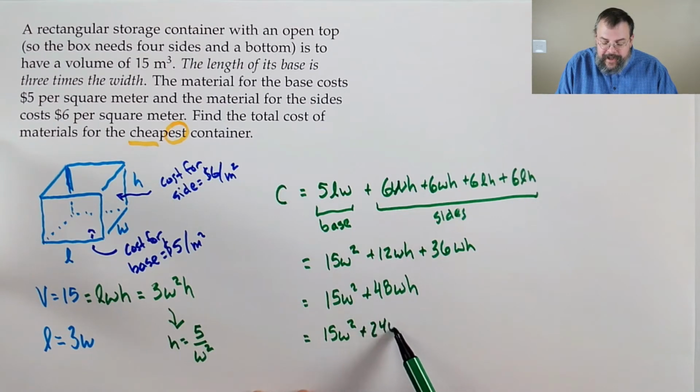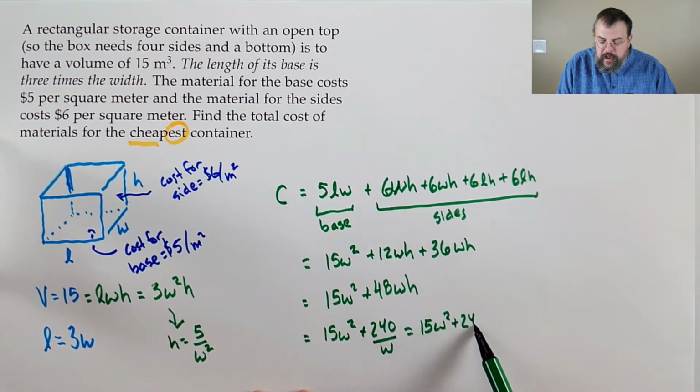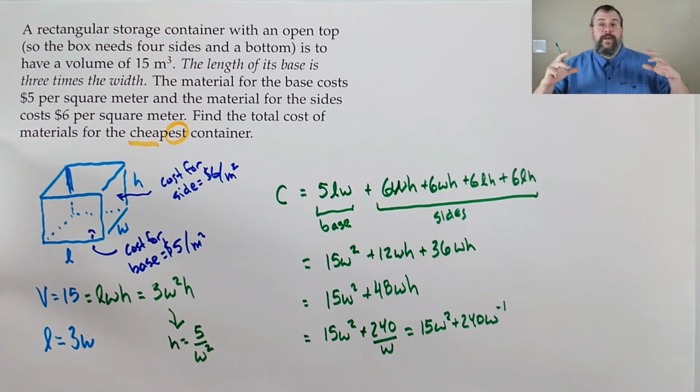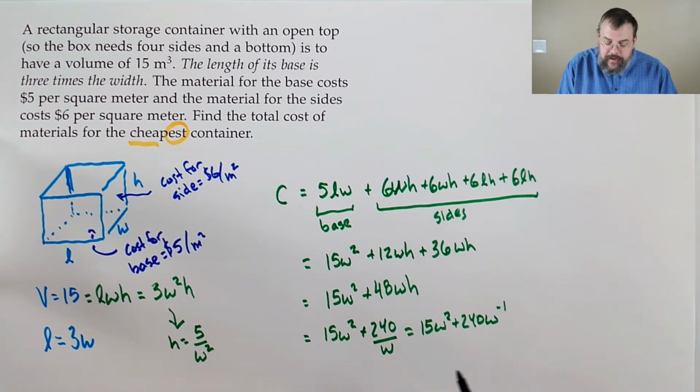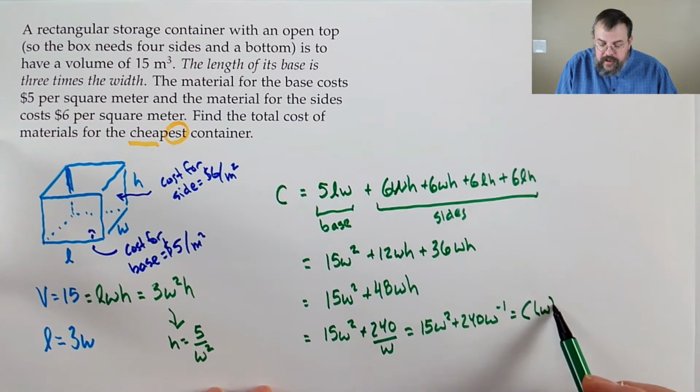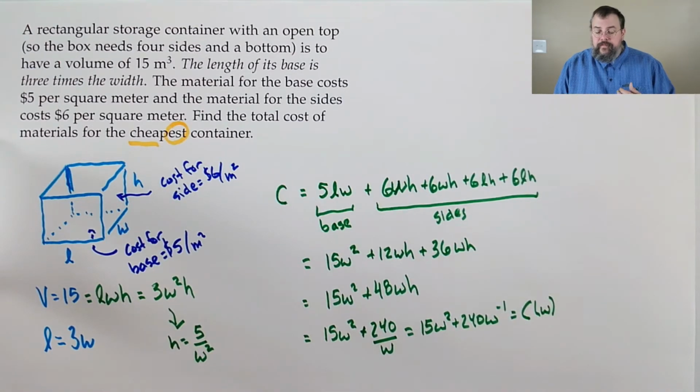And the w over w squared would be 240 over w. Or we can write that as 15w squared plus 240 w to the minus 1. All right, so we've reduced. We've gone down to the point where we have one variable. So this right here, we can think of this as now our cost as a function of w.